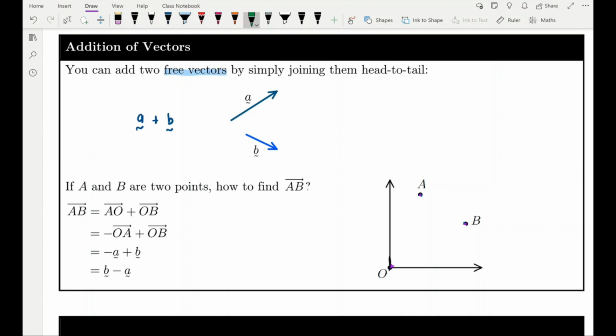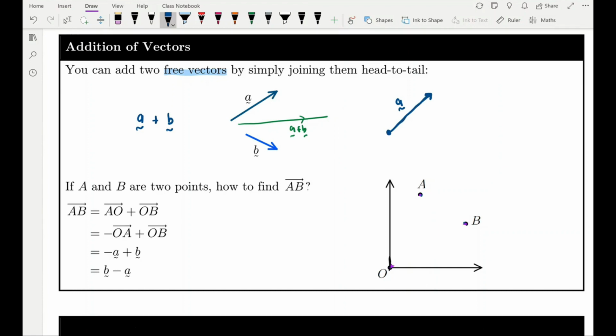Before this, from the graph, we know that when A plus B, we can get the magnitude like this. So how can we get A plus B like this? First, we have A, just joining the head to tail. From A, this is our initial point.